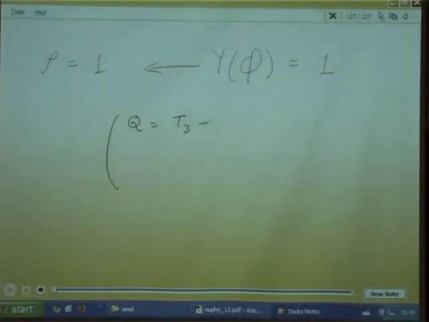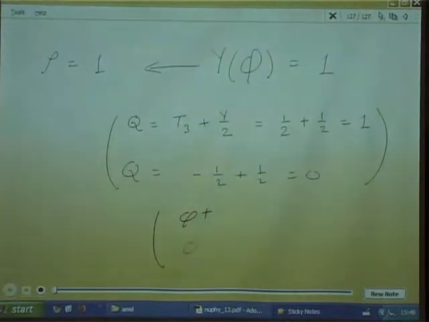It is T3 plus y by 2. T3 was half, plus y by 2 was half. That's 1. The bottom particle was minus half plus half, equal to 0. That is the reason this particle was called phi plus and phi 0.